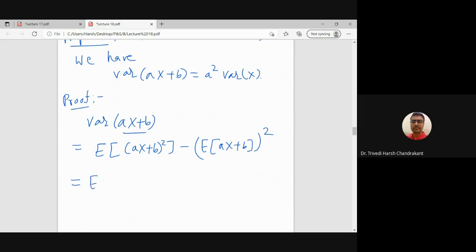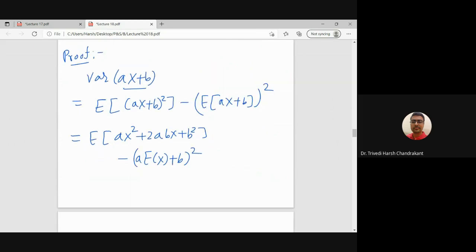So that is expectation of a square x square plus 2abx plus b square, minus expectation a times expectation of x plus b the whole square. In the first term there must be a square, so that is a square x square. Now we apply that expectation is a linear operator, so a square will come out.